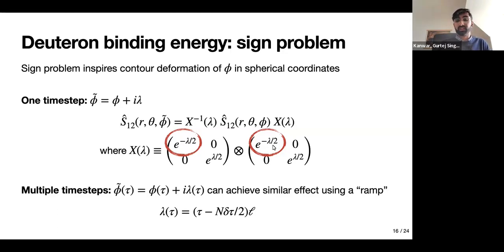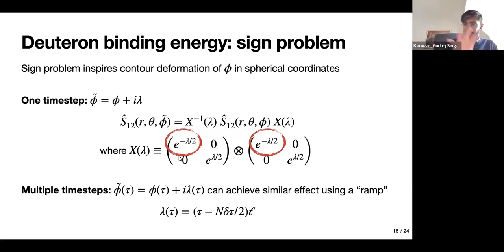And so the phase, because we don't compromise correctness, would have to be that much more coherent to still achieve the same expectation value. This is just looking at one time step, but the same story applies for multiple time steps. You just need a ramp structure where the lambda value increases as I go step by step, so that you actually pick up a suppression of the magnitude asymptotically in tau.